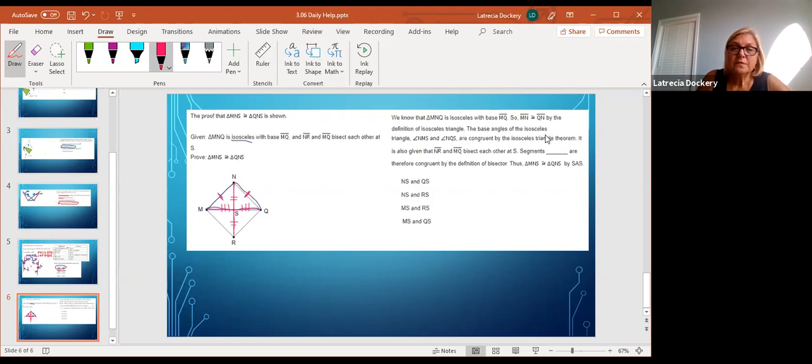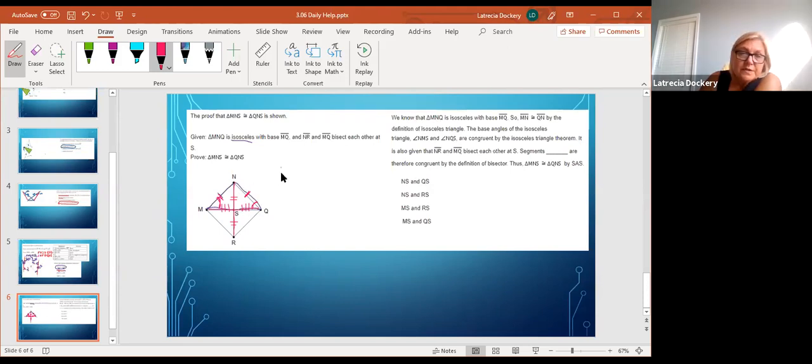The base angles of the isosceles triangle at NMS here and NQS here are congruent by the isosceles triangle theorem. It is also given that NR and MQ bisect each other at S. Segments blank are therefore congruent by the definition of bisector. All right, so which segments are congruent by the definition of bisector?